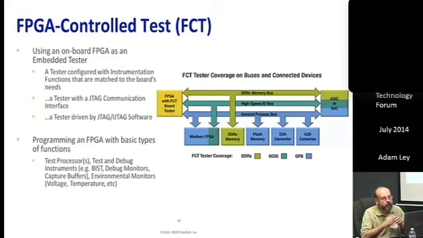Instead of loading it with its mission function, you load it with test functions. Again, you don't have to have the system software or firmware code that controls the FPGA. In fact, you can implement FCT methodologies before one line of Verilog has been written for your FPGA. In doing so, again, you can go out and test the interfaces to other chips through this methodology.